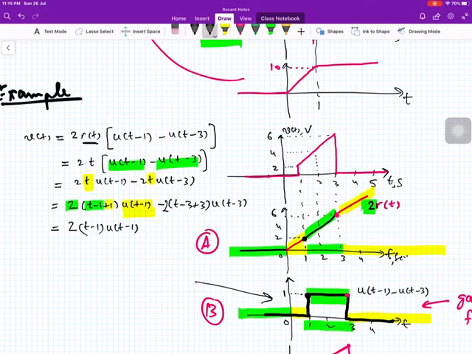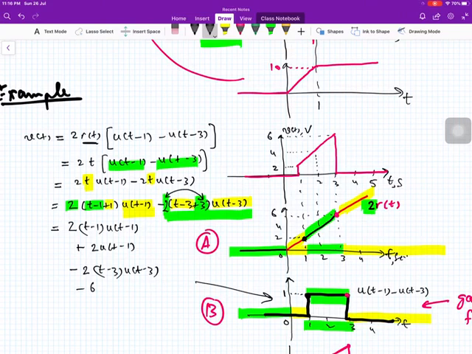So we write it as plus 2u(t-1), and then this part is minus 2(t-3) multiplied by u(t-3), and then this part plus 3, because 2 is also multiplied, so this is equal to minus 6, 2 multiplied by 3, and this is u(t-3).